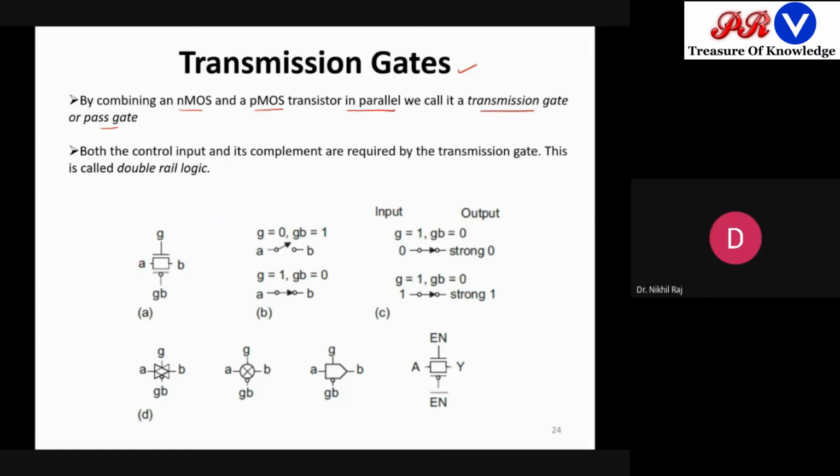So when we use two transistors in a parallel combination, not the CMOS architecture, it is not a CMOS, but a parallel connection of NMOS and PMOS, then that type of configuration is called a transmission gate. But in this case, the control input and its complement both are required by the transmission gate. Like if I take this as your NMOS, and this as your PMOS, and I attach both of them, drain and source, I will short them.